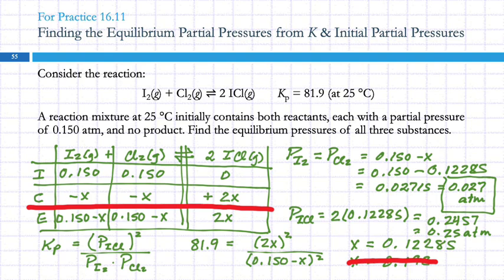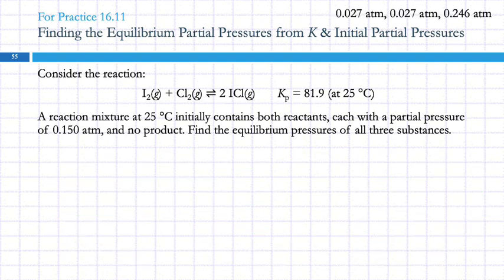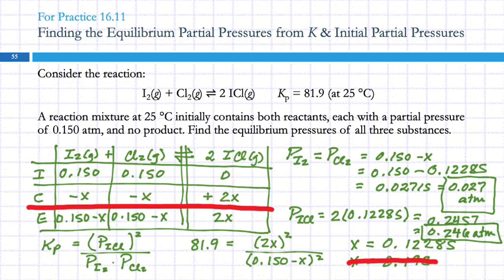Well, actually, these guys were 3, so I'm going to go with 3, 4, 6 atmospheres. And let's see if we agree with the book. So, questions?